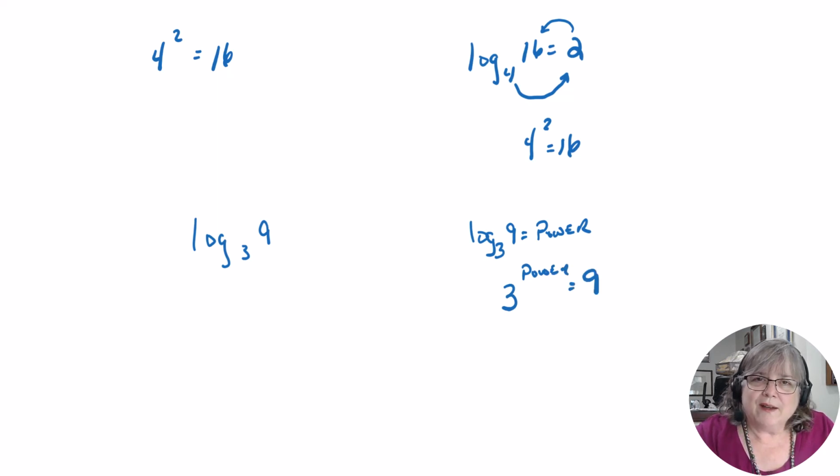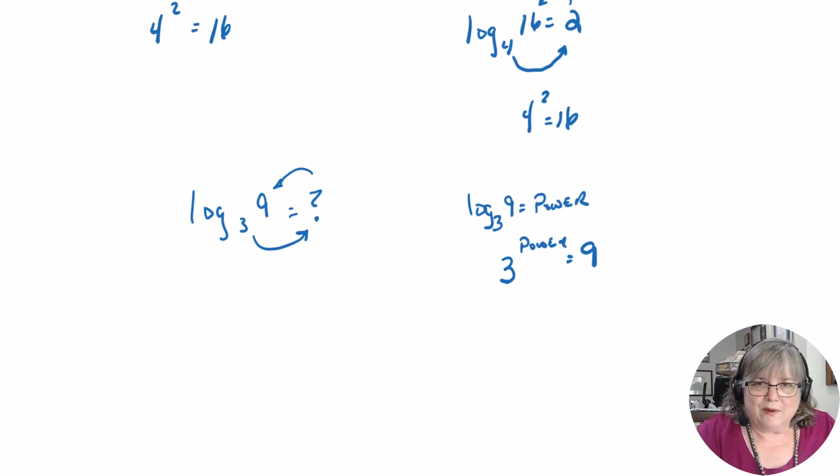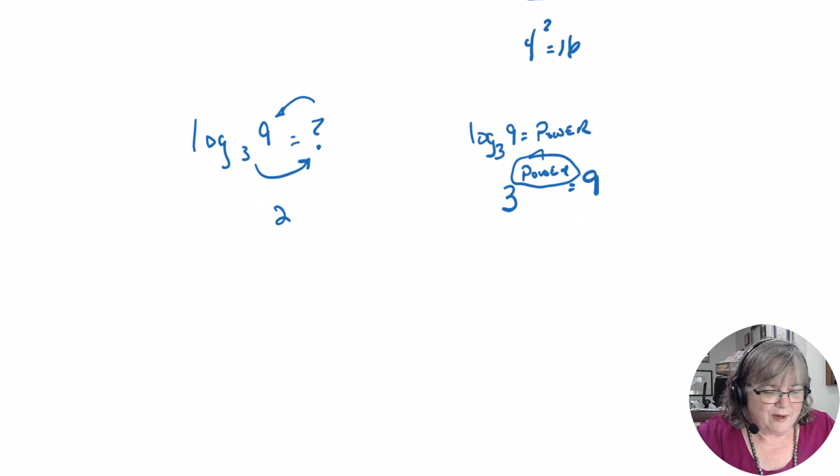Or you could get strong enough mentally with this concept that you can do it in your head. If this is a little question mark, 3 to what power equals 9? That's what you're asking. Well, what would the power have to be? It would have to be 2. So this is equal to 2, right?